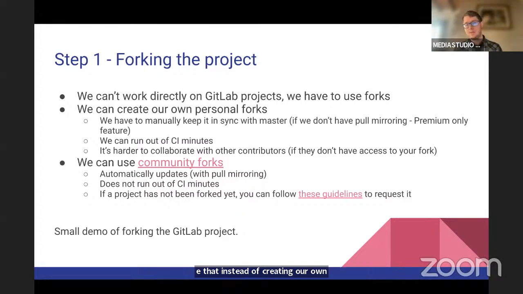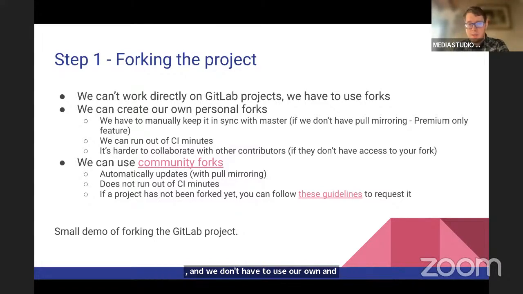And this is automatically updated with the main project, because that has a pull mirroring setup. We don't have the problem of CI minutes running out, because the pipelines are not created on our project, and those are run on the community fork. So they have much more CI minutes available, and we don't have to use our own.